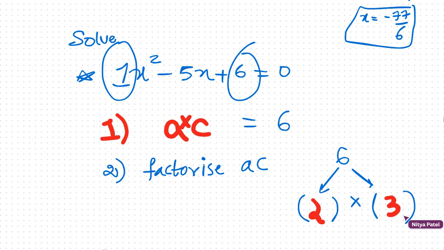So 2 into 3, and then 2 plus 3. In the middle case, it was negative 5. So can it be negative 2 plus 3? No.